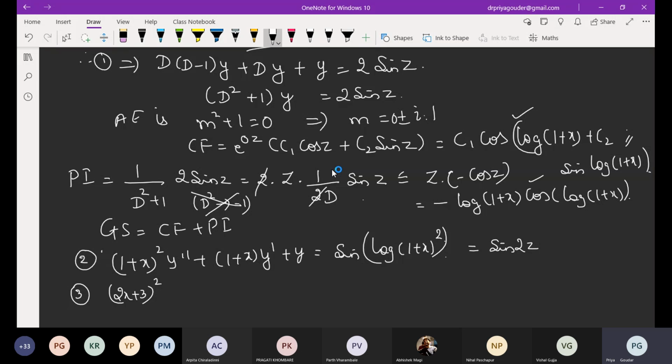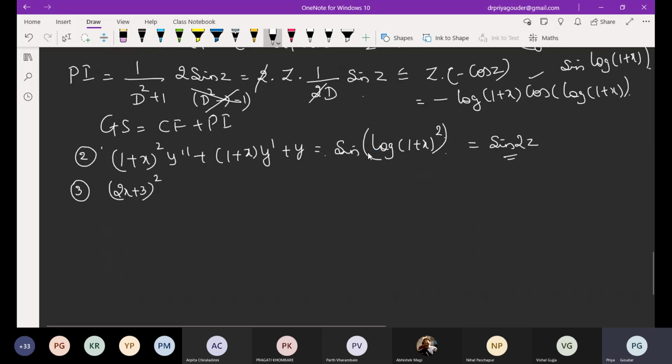When you do it for PI, you should replace D square by minus 4. So the answer will be there only, no need to go for all these steps. Am I right? Are you getting the change? If this 2 is on the power, some changes will happen. Hope you can solve it by taking it as a homework sum.